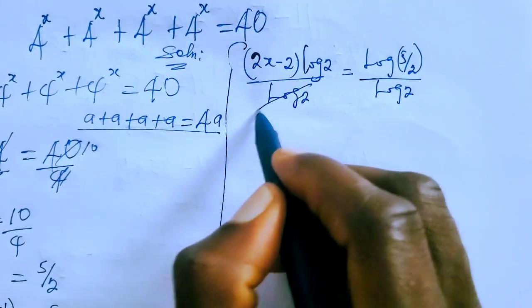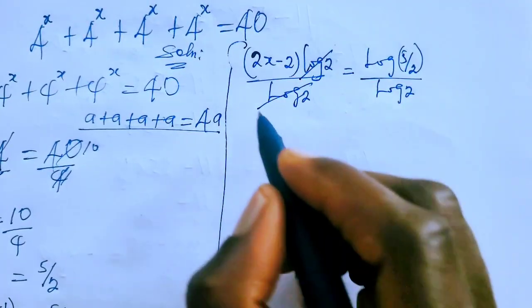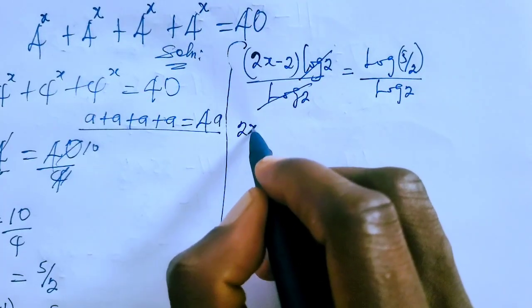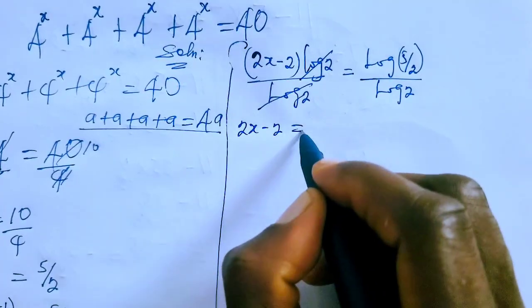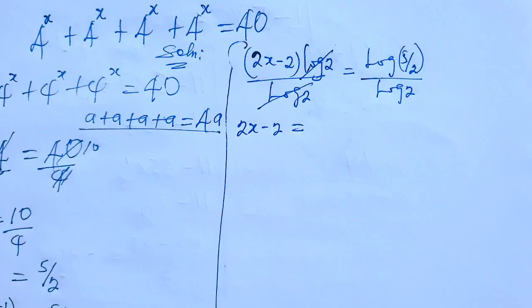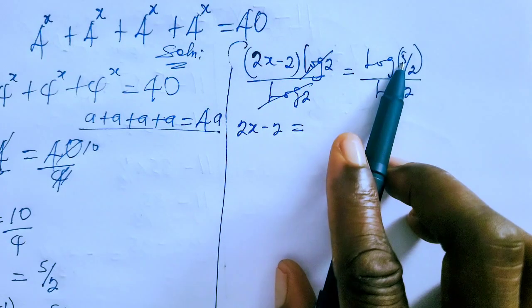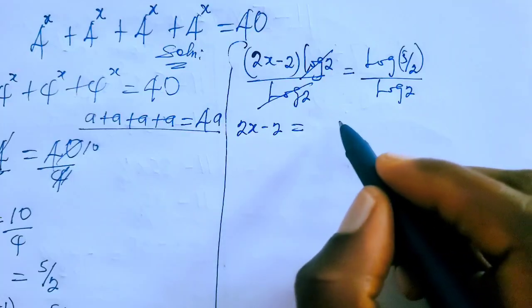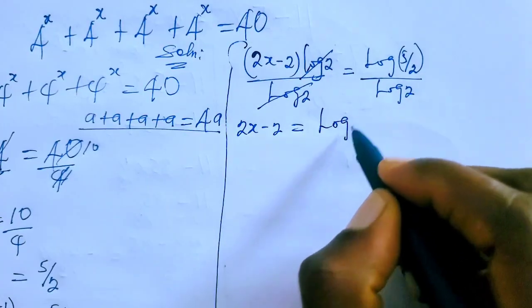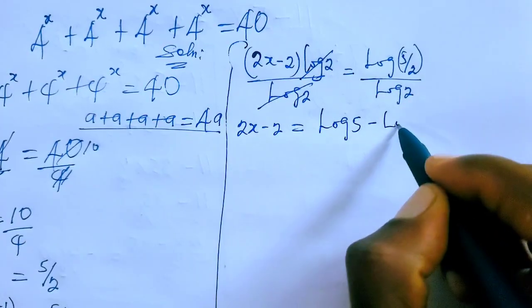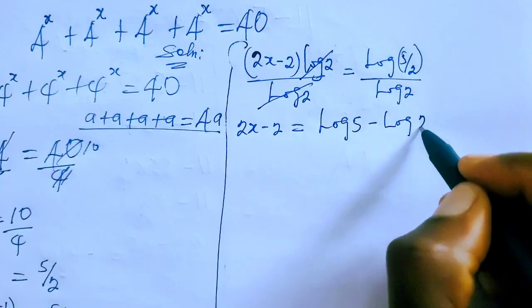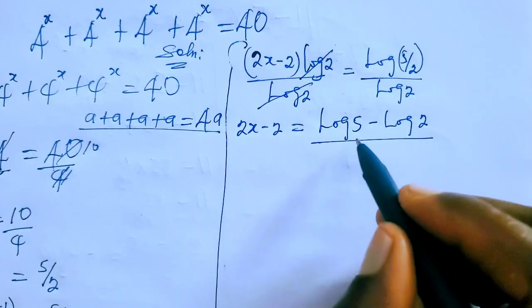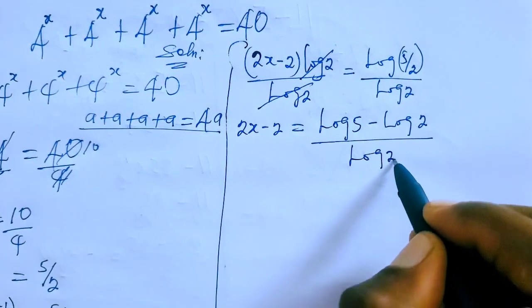And here log 2 will eliminate log 2, and we have 2x minus 2 equals, note also that log of 5 all over 2 can be expressed as log 5 minus log 2 all over log 2.